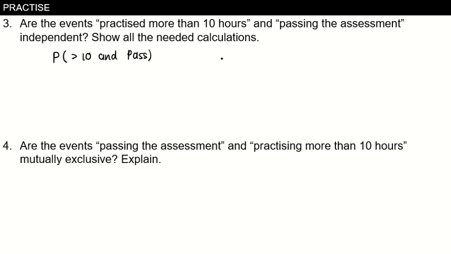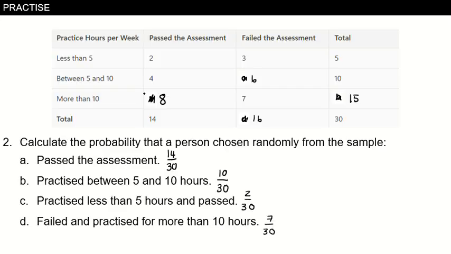We also need the value of taking these two events' probabilities and multiplying them with one another. If these two sides are equal to one another, then the two events would be independent. So let's check the probability of practicing more than 10 hours and passing. It would be 8/30.